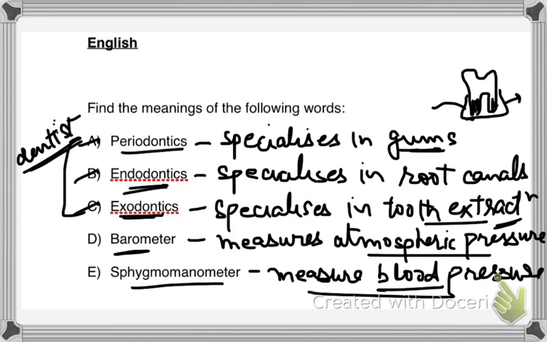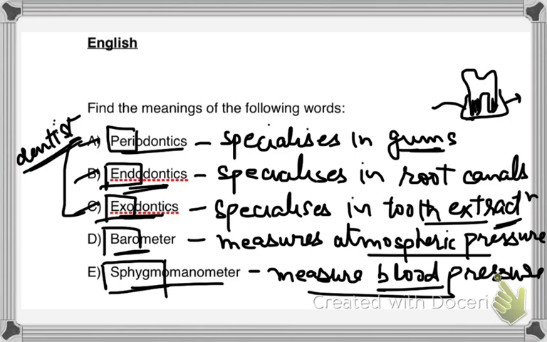Just remember these words, and the main roots that come in these words: peri means circumference, endo means inside, and exo means outside. Baro means atmospheric pressure, and sphygmo means blood pressure.